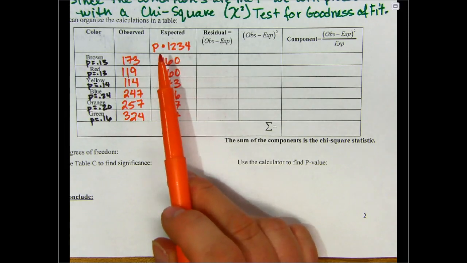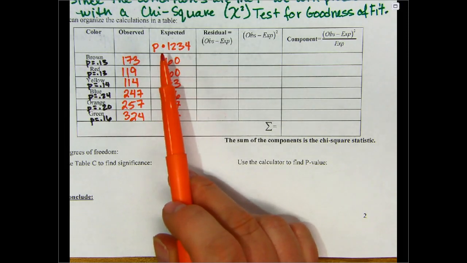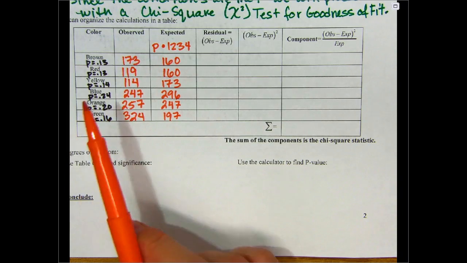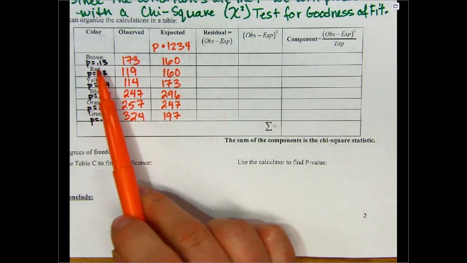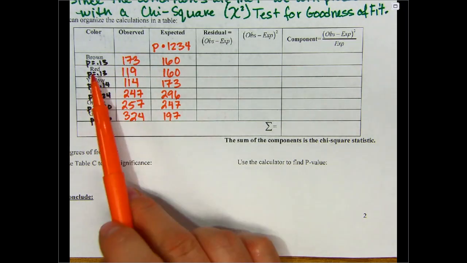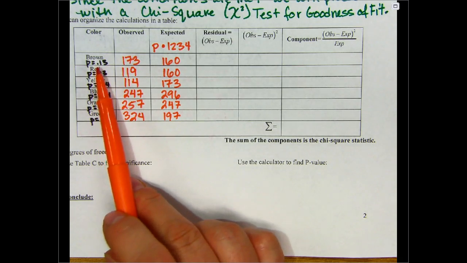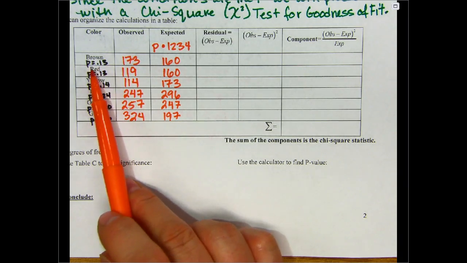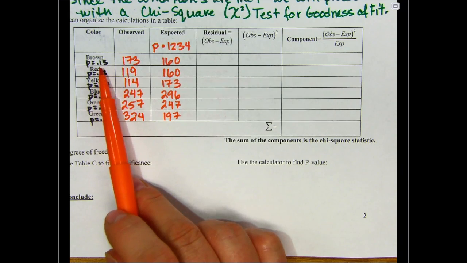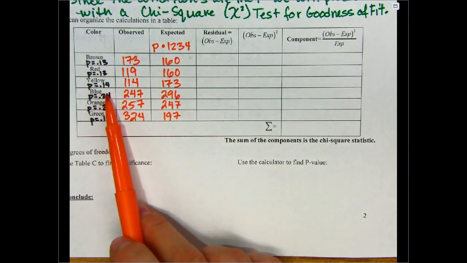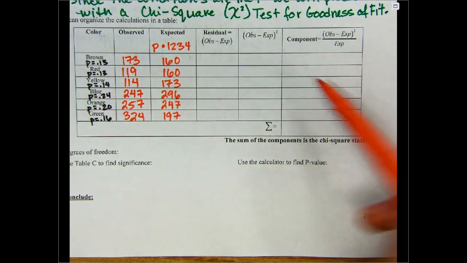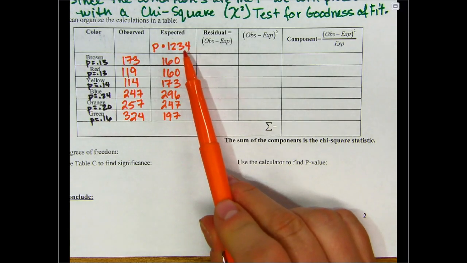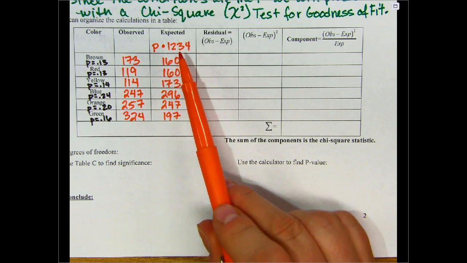Then what I did was I took the expected, so the proportion that was listed in the first prompt. I wrote down what my hypothesized proportions should be. So for the first, it should be 0.13, 0.13, 0.14, and so on. I multiplied all of those by 1,234.